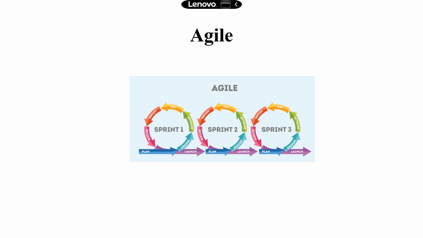Agile is comprised of sprints. Let's say we have made a decision that we have to complete one project in 3 months. So we divide those 3 months into smaller chunks. Let's say 1 week. So there would be 12 weeks in 3 months.